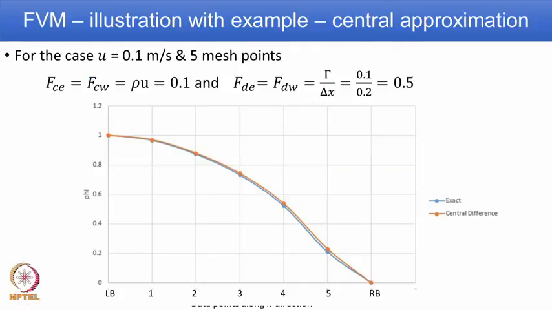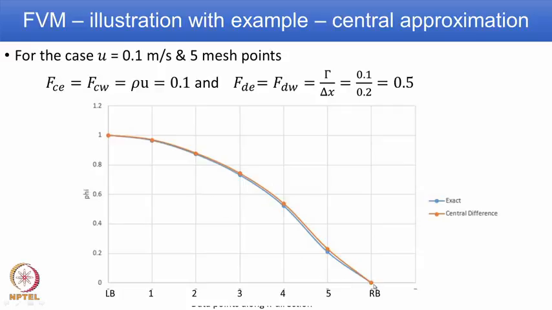We also have an analytical solution expression. So we compare results obtained by the analytical solution against results obtained by the central difference approximation for this particular case, and that is what is shown in this graph.